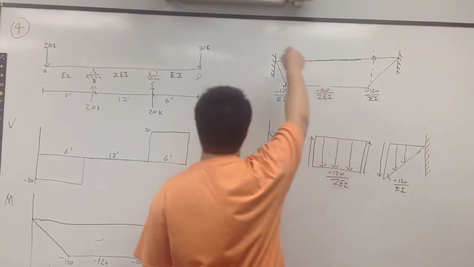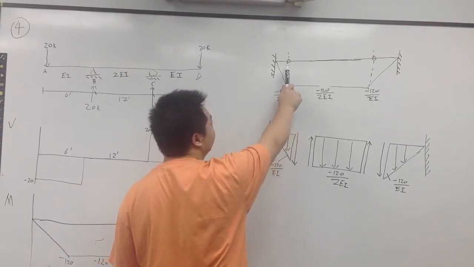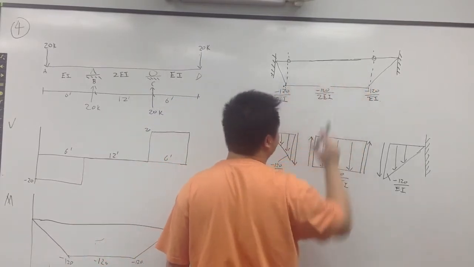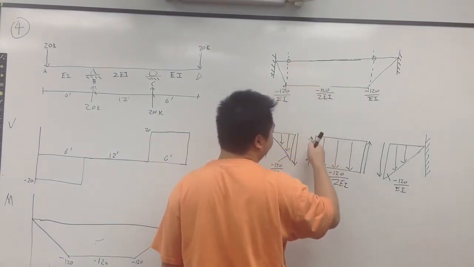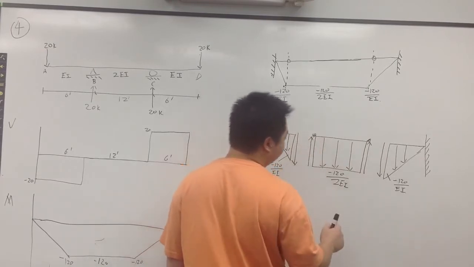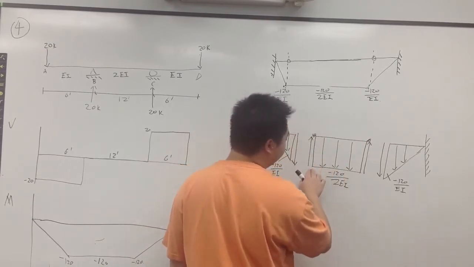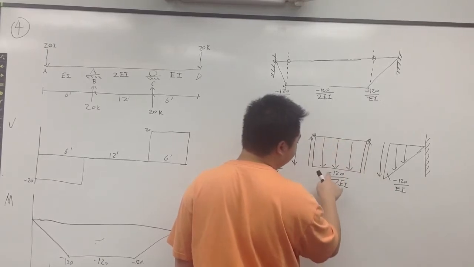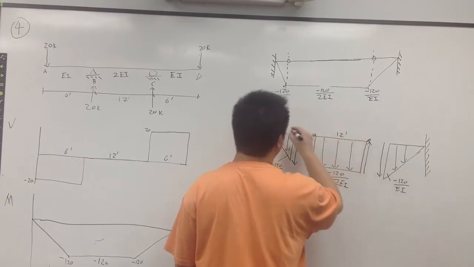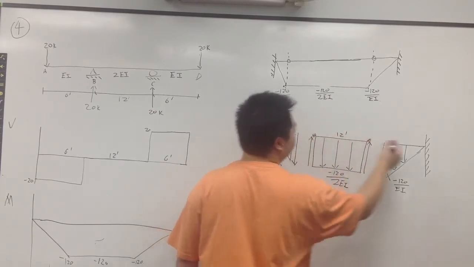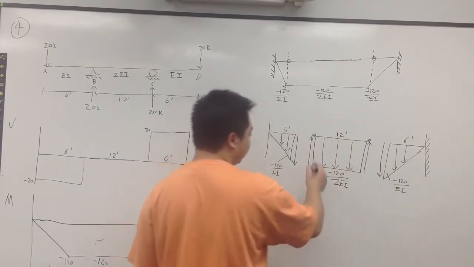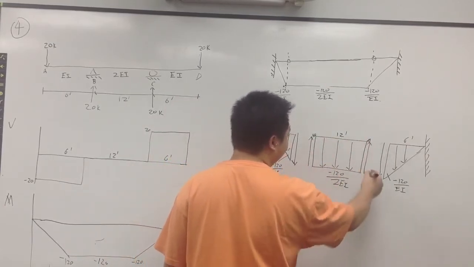Like I told you before, we have two supports, but we transfer it to a hinge, but we still have to find the force for this too. The support is right here. So how are we going to find this? We take this area, which is 120 divided by 2 EI, times the length. This is 12 feet, 6 feet, and 6 feet. So for this one, just take length times height.